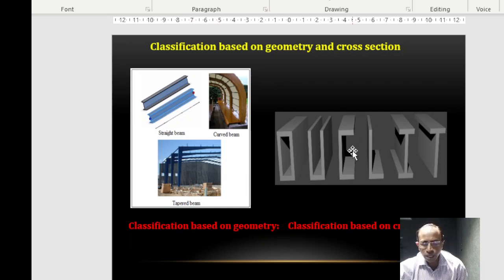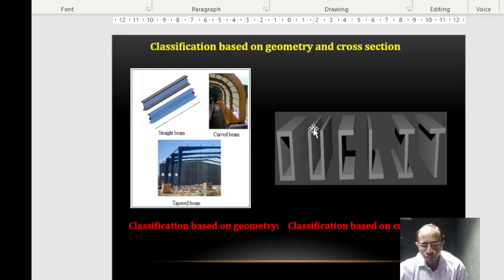Now, based on the cross section, the cross section can be made in different shapes. You can make either an I shape or an L shape. Either two L sections may be joined together, or two channels may be joined together, or a T beam alone can be used.